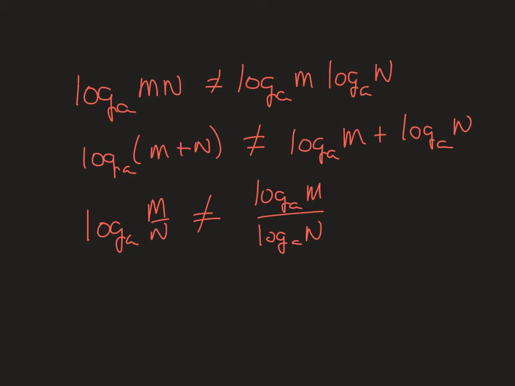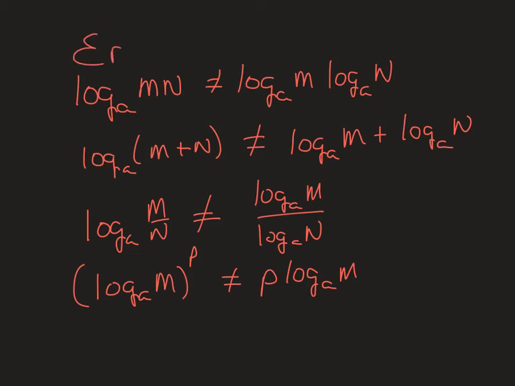And likewise, the log base a of m, the whole thing raised to the p power, is not the same as p times the log base a of m. It's only if the m is raised to that power. So these are some common errors that you need to be sure and avoid.